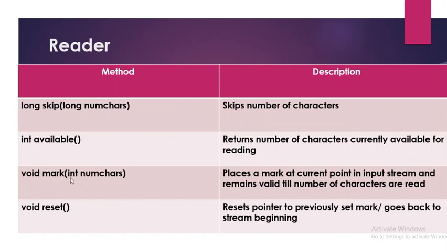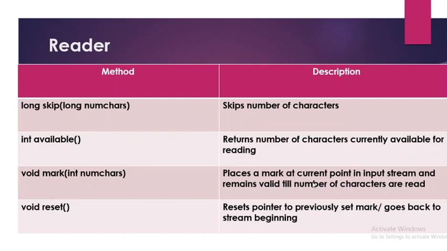Void mark. It is just like a bookmark. This method is again similar to the byte oriented stream classes, byte stream classes. So in this mark method, as argument we have to specify int numchars. It places a mark at the current point in the input stream and remains valid till that number of characters are read.